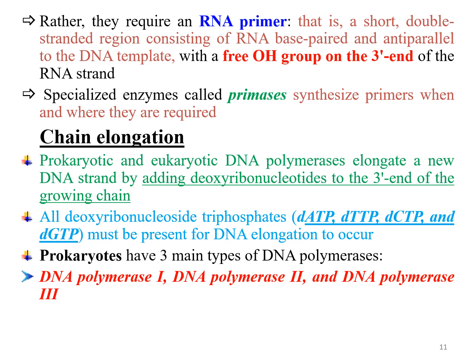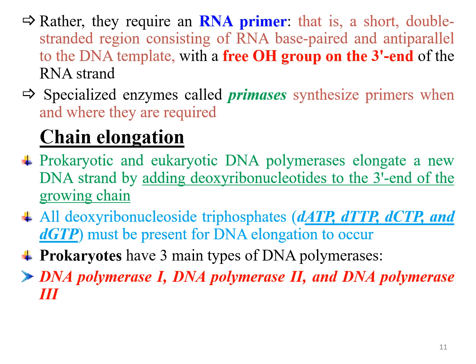There is also a chain elongation system here. Once the replication has started, the chain can be elongated toward different directions. Prokaryotic and eukaryotic DNA polymerases elongate a DNA strand by adding deoxyribonucleotides to the 3 end of the growing chain. So all deoxyribonucleotide triphosphates must be present for DNA elongation to occur.